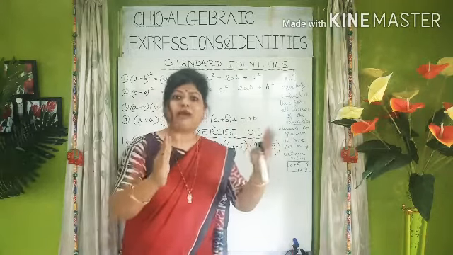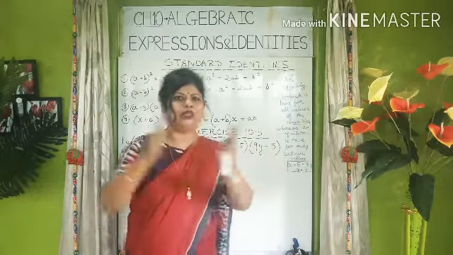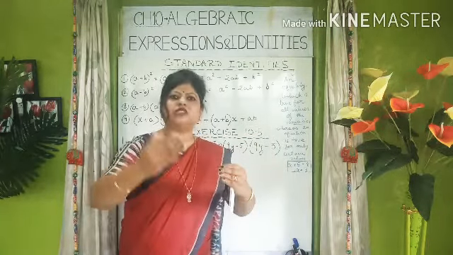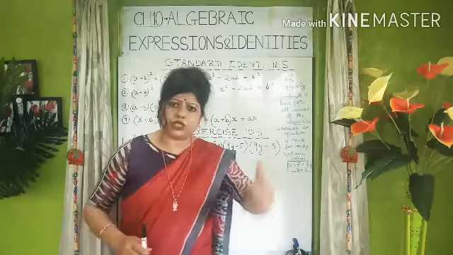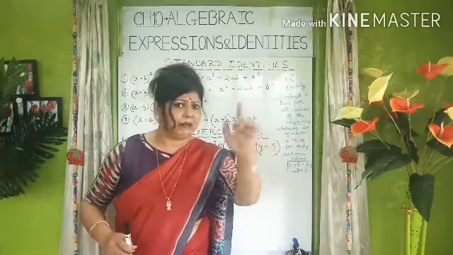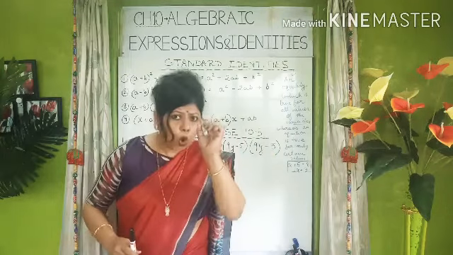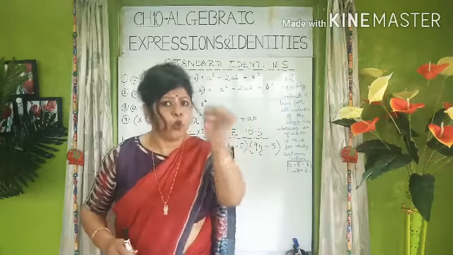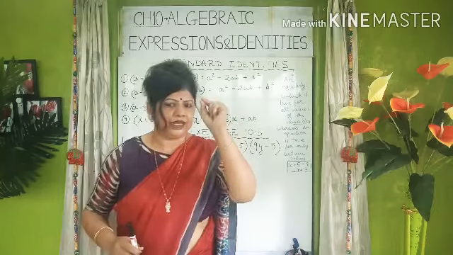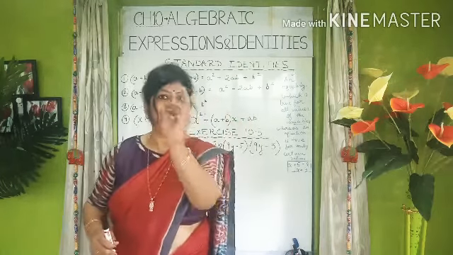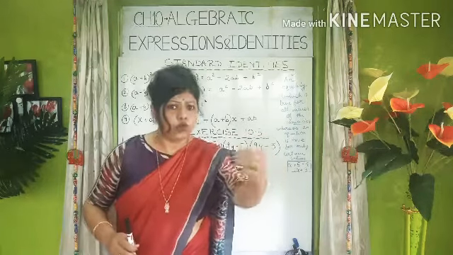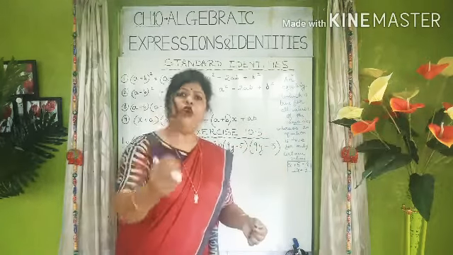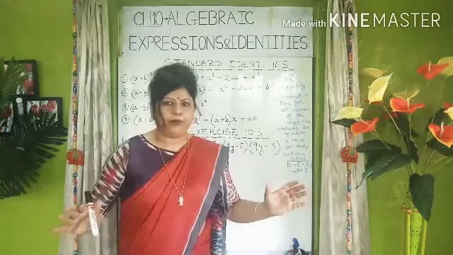Why? Because I am equating the left side with the right side. So when I write x plus 5 equals 8, what is my x? My x is 3. It will be true only when my x is 3, then x plus 5 will be 8. So this is called an equation. It will be true for only a few literals, not all.